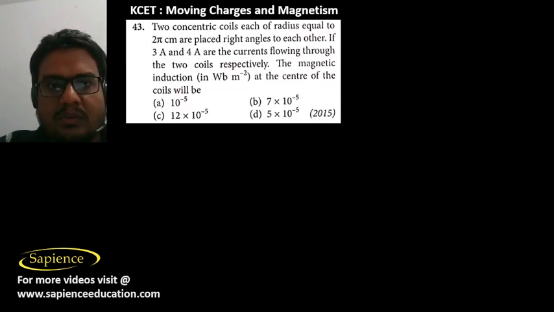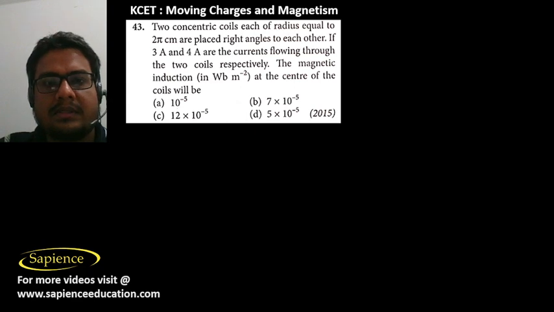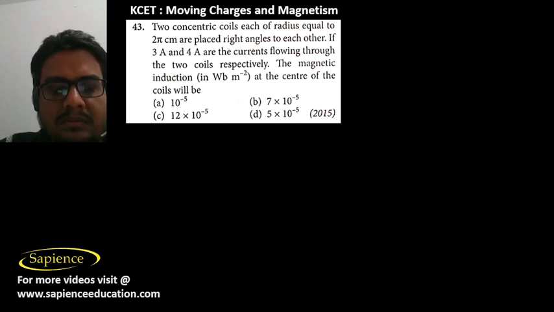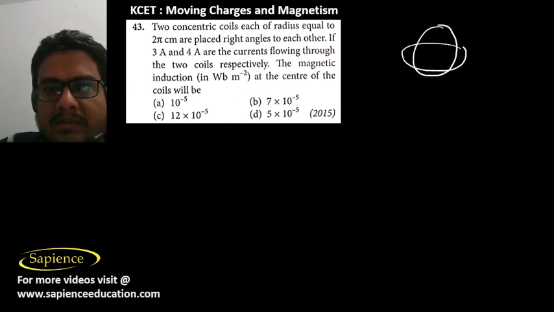Then it is told that two concentric coils, each of radius equal to 2 pi centimeter, are placed at right angles to each other. It means that one coil is kept like this and one coil is kept like this.